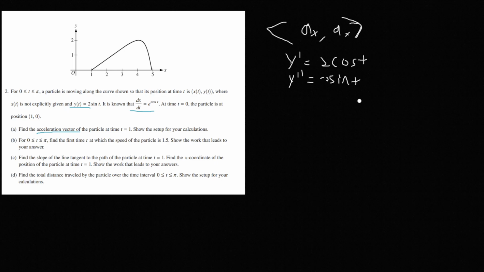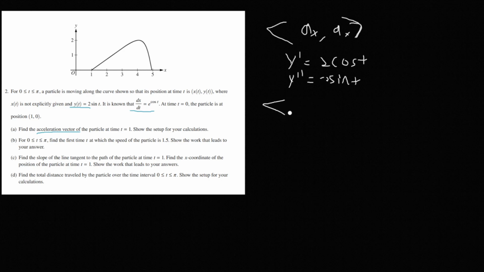And so then we would just do t is equal to 1. And so then we would do y prime prime of 1 as the y component. And then we would take the derivative of e to the cosine t and sub that in for our x.